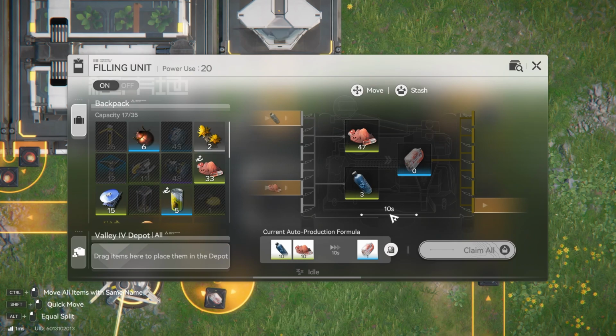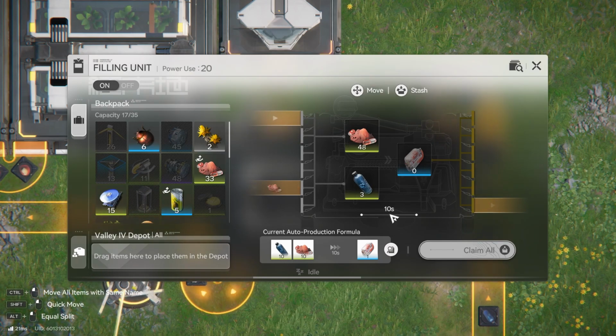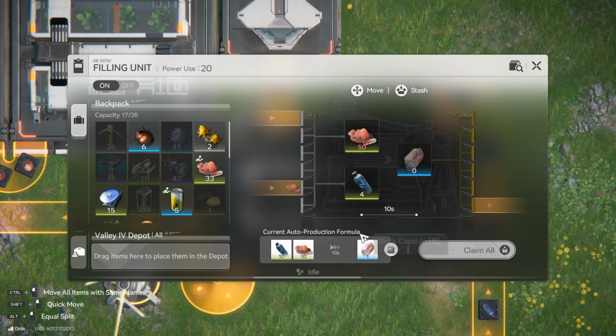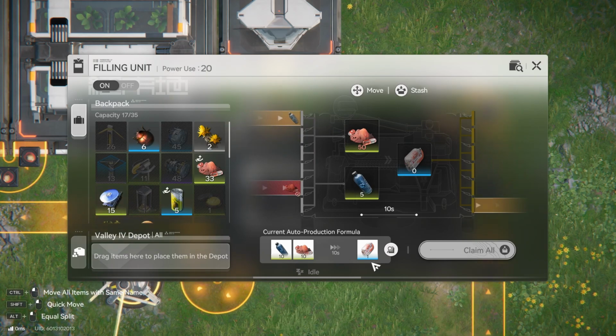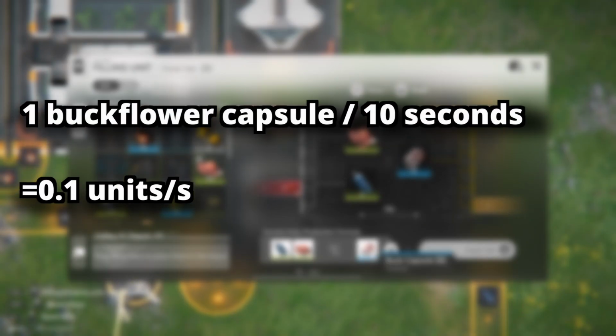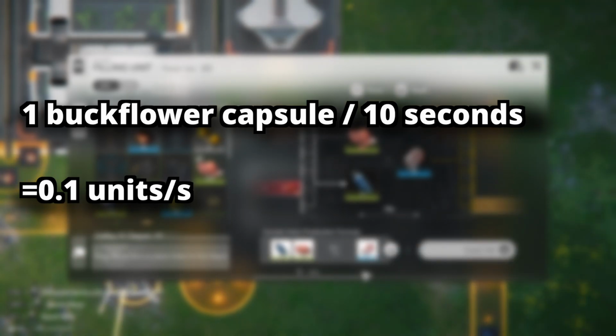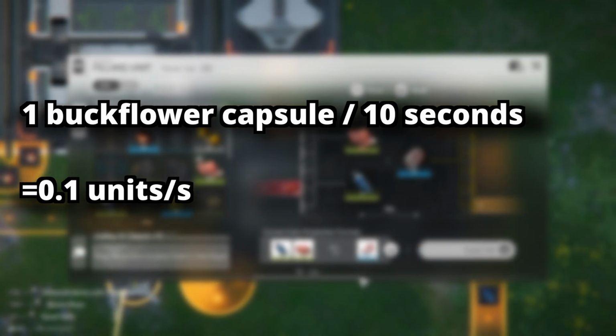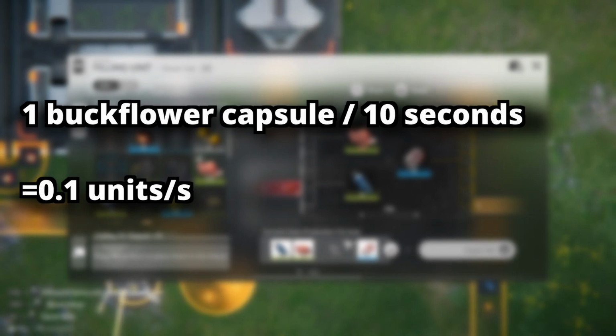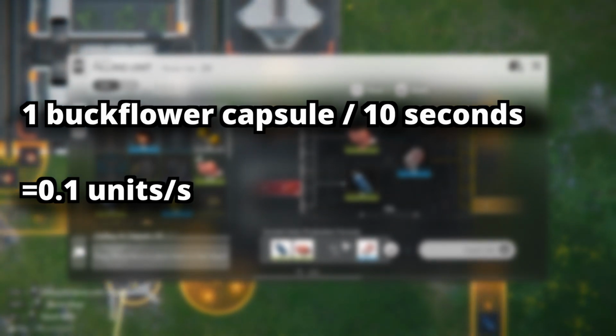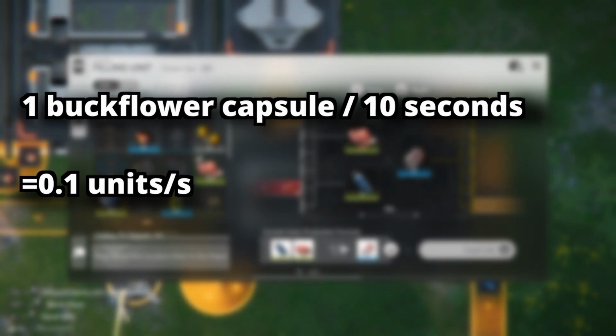Now this also means that in 100% theory, the filling unit normally produces 1 bug flower capsule every 10 seconds. And in this case, 1 divided by 10 is 0.1. So the filling unit is supposed to be outputting 0.1 units per second.